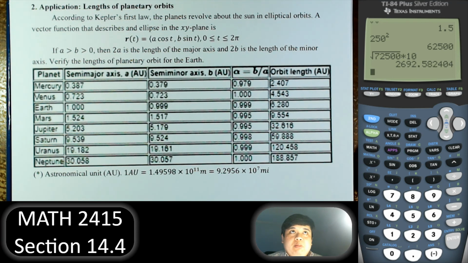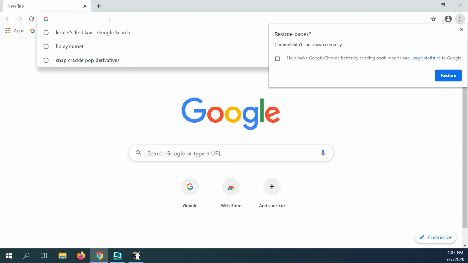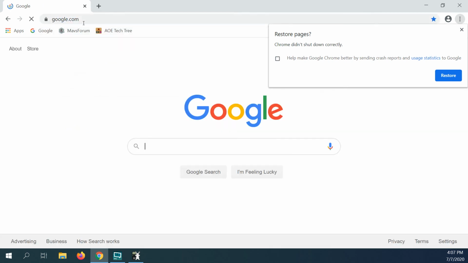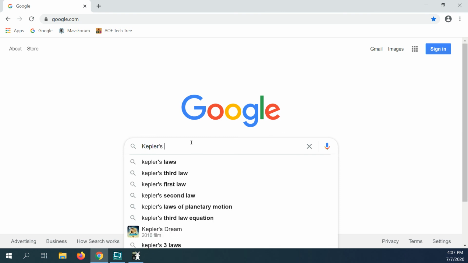So let me just Google something up real quick. Sorry. We have Kepler's first law.